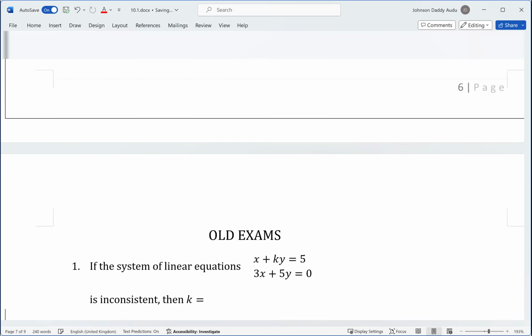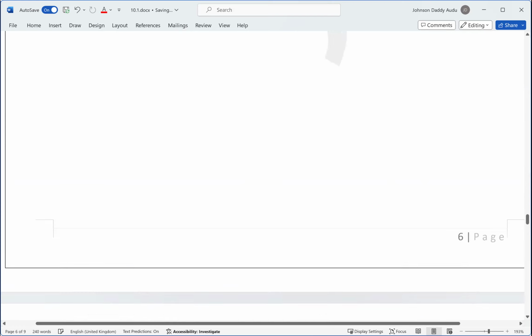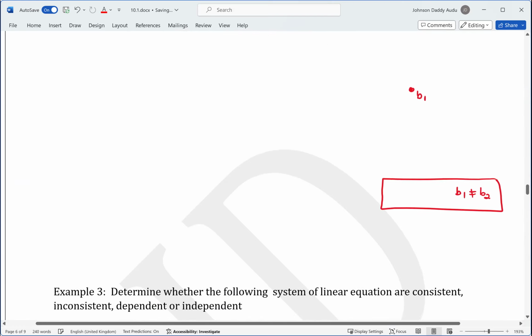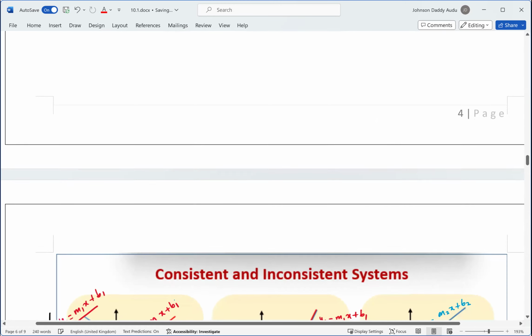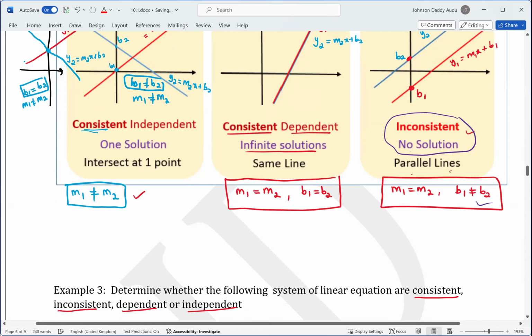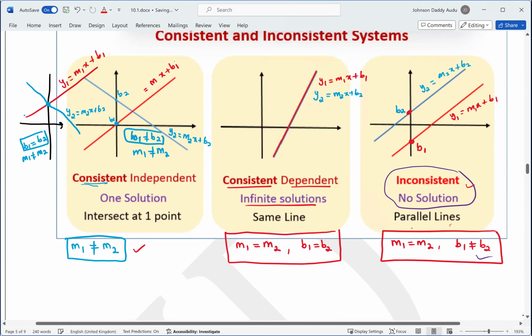So let me take you back again to what we established earlier. Remember, we're dealing with exactly one solution. So exactly one solution means this one. You see, this is where you have only one intersection, either this or this point, right? And we said this condition is enough. m1 is not equal to m2.